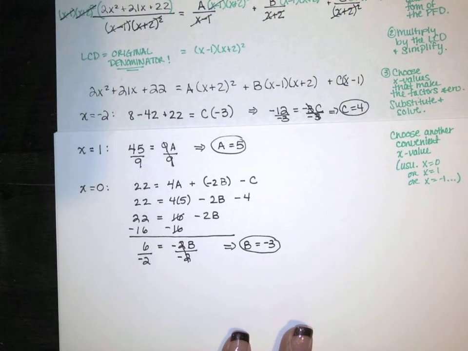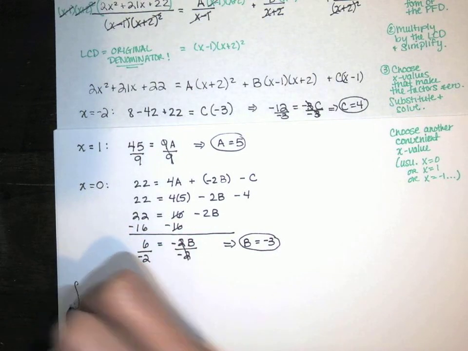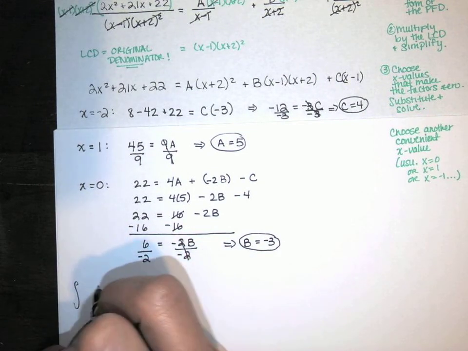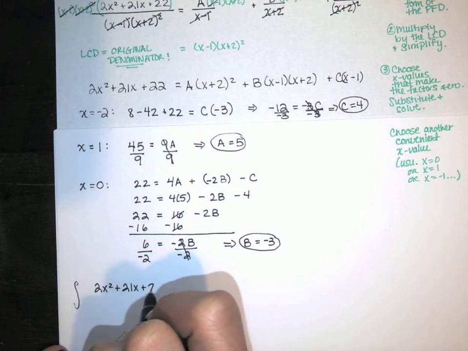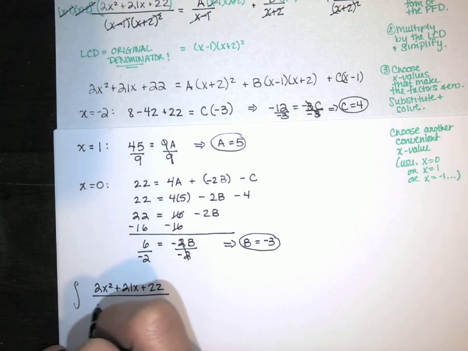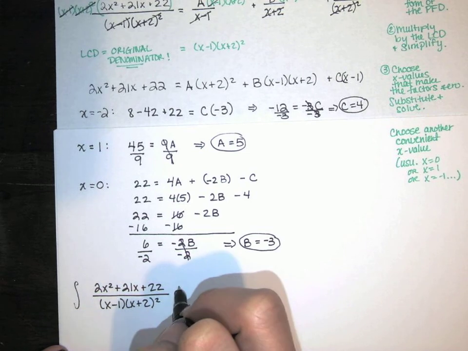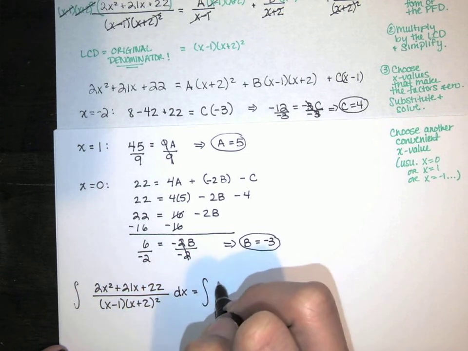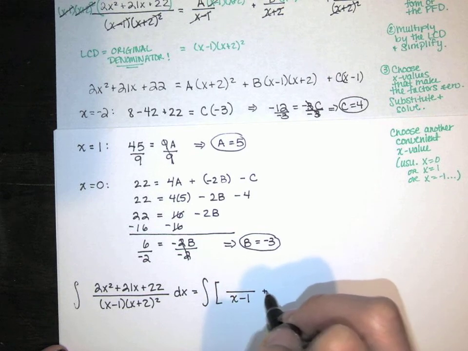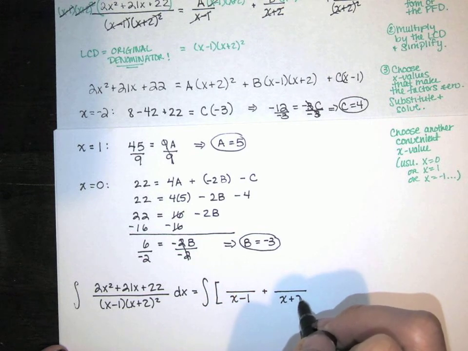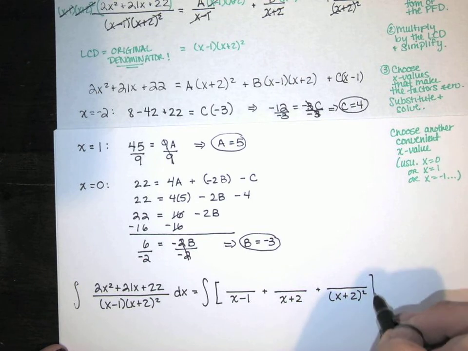So according to partial fraction decomposition, according to our method, according to our algebra, according to our procedure, this is equal to this. It was a over x minus 1 plus b over x plus 2 plus c over x plus 2 squared dx.